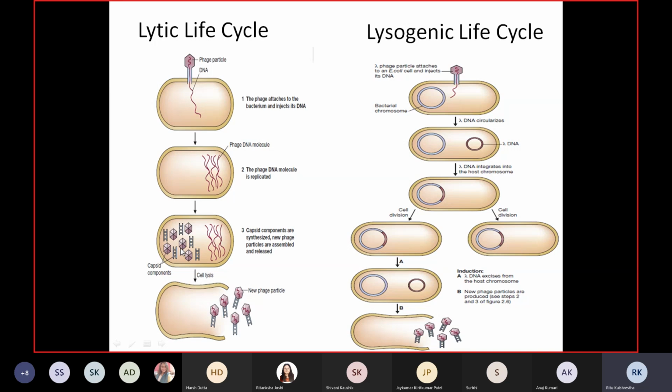Once these are made, they get assembled into new phage particles, and multiple phage particles are made, in the range of 100 or thousands, and finally they lyse the host cell, and this progeny then infects other bacterial cells present in the vicinity, and so the chain goes on. I'll just tell you, when you have to harvest these phage particles, how do you set up the experiment and how do you visualize where the phage particles are?